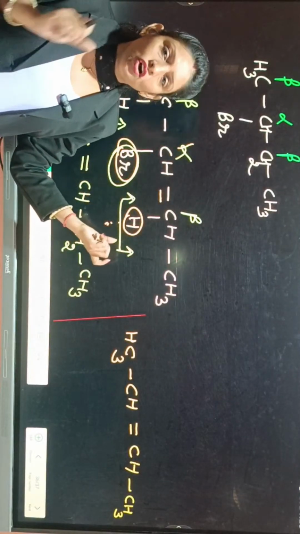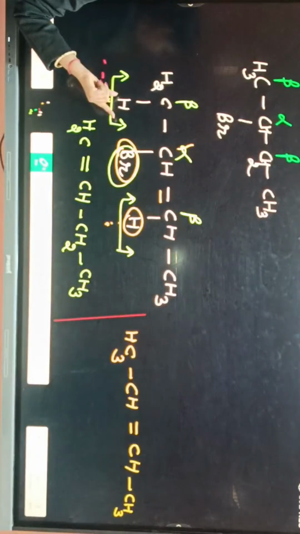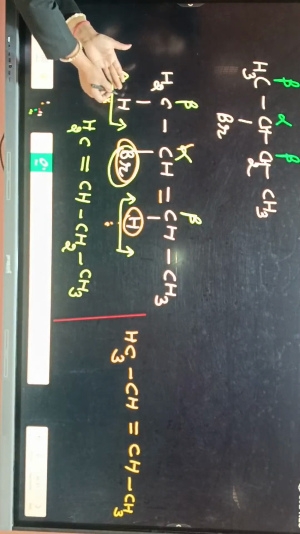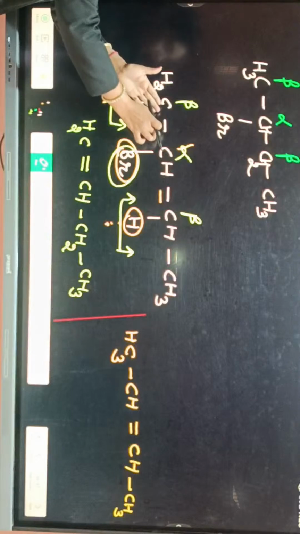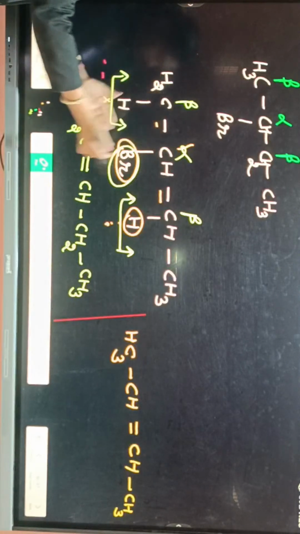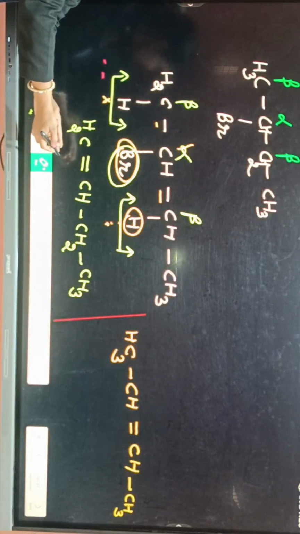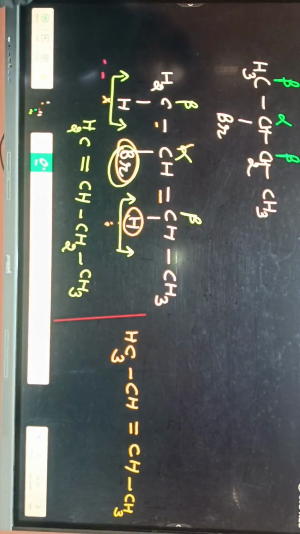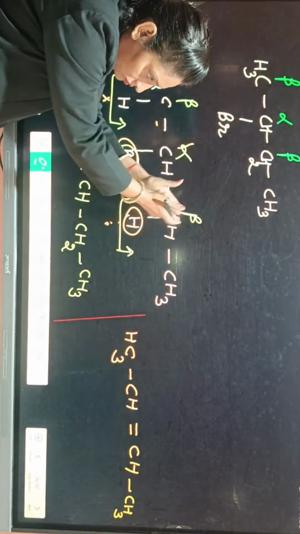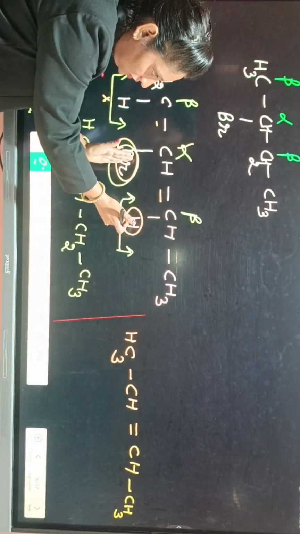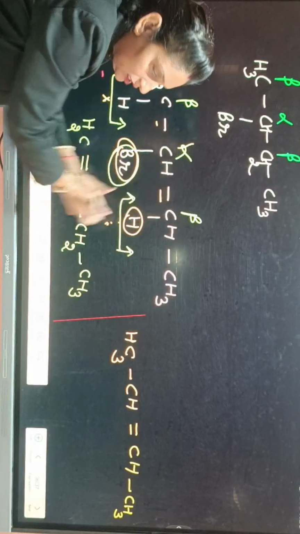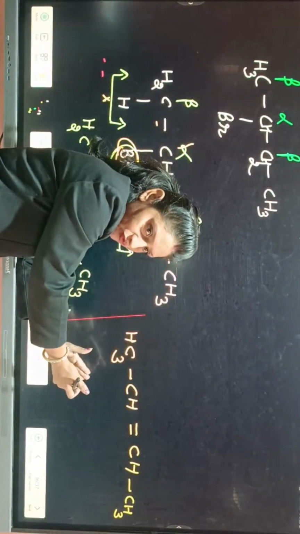If removal of this hydrogen takes place, with the halogen, then the double bond will be in between them. So this will be the product. And if you remove this hydrogen and halogen, then the double bond will be here. Then you will get this one as the product.